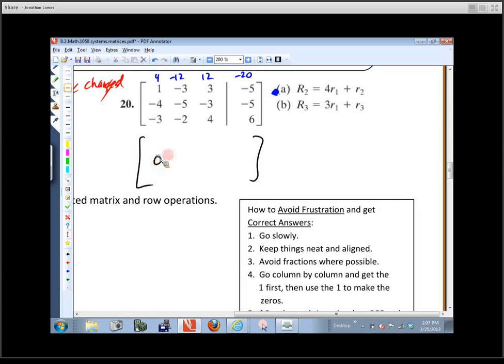So that's going to be 0, -17, 9, and -25. Is that right? Now, while I'm here, do either one of these permanently change row 1? No. So I'm going to write row 1 again: 1, -3, 3, and -5.